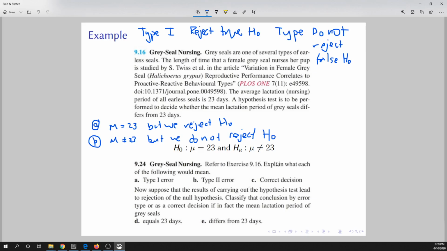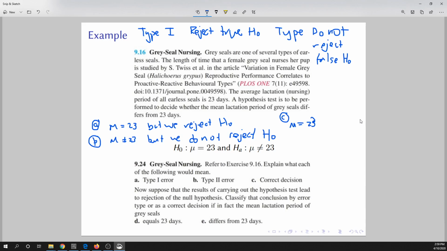All right, and then in part C, they want to know what a correct decision would look like. Well, there are two ways that we could have a correct decision. The first way would be if mu equals 23 is the truth. The mean is actually 23. Okay, and so that is our null hypothesis.